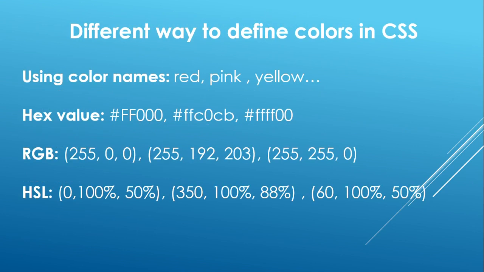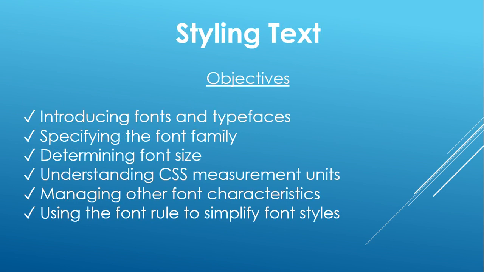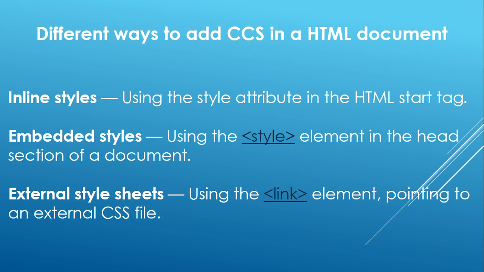And we saw different ways to define colors in CSS, the hex value, RGB, and HSL, and specifying colors in CSS like the color attribute, and styling text, introducing fonts and typefaces, the different ways to add CSS in the HTML.